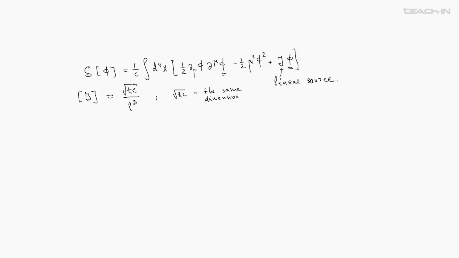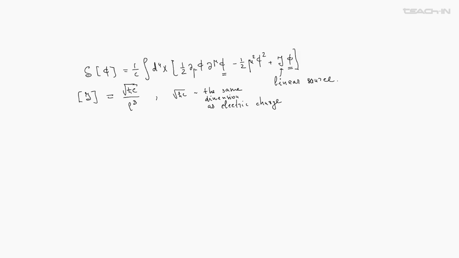So in a sense, what you see is that when you introduce this coupling of an external source with a field phi, this source has a dimension of the density of electric charge. So electric charge per unit volume. Per unit volume would mean the density, and this is the physical dimension of this source.